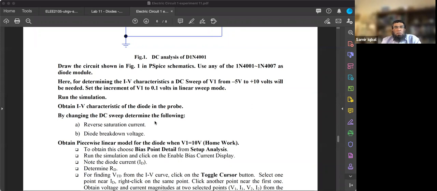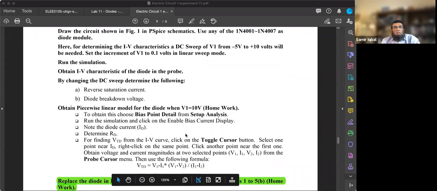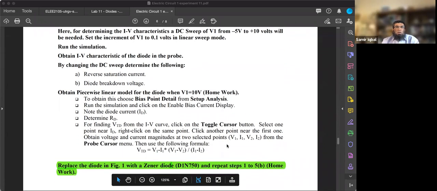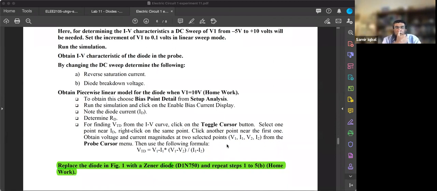And then what you would do is you would do the piecewise linear model where you would run different parts. So you'll get this information from bias point detail from setup, where now you will show the forward bias, the resistance of the diode, the voltage of the diode, the break-in voltage. So all those parts you will get from the bias point detail.